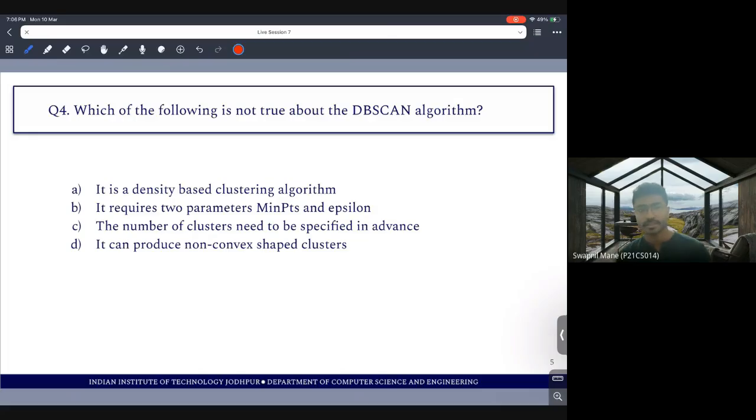Yes, anyone? Yes, the number of clusters needs to be specified in advance. Any other answers possible here? Anyone?